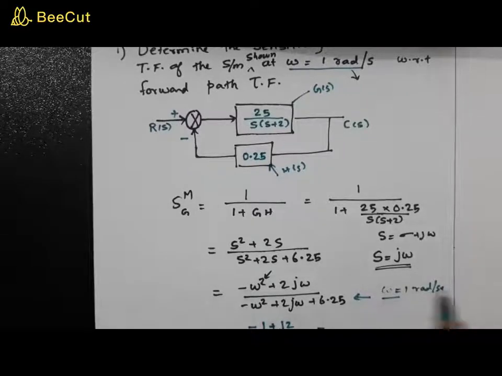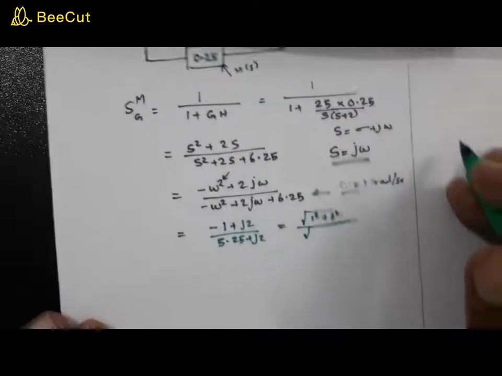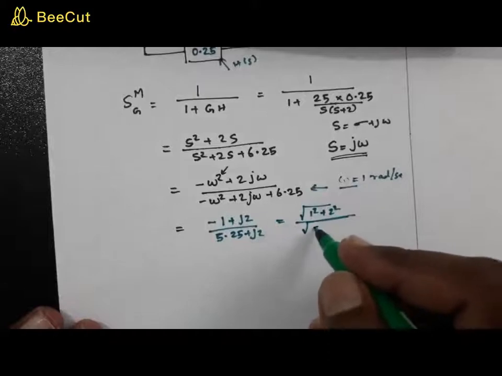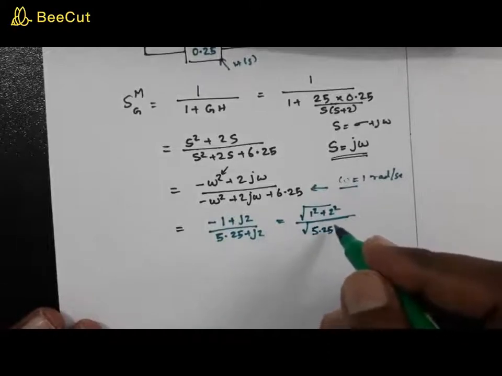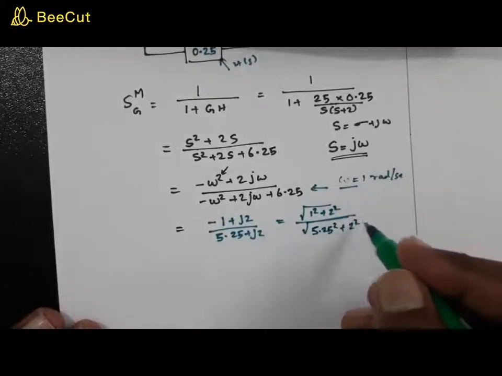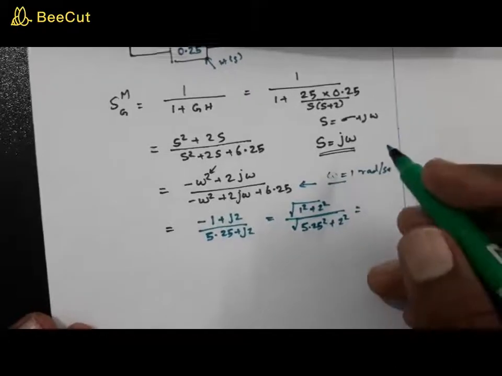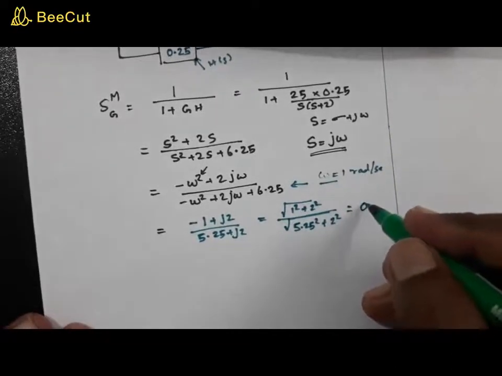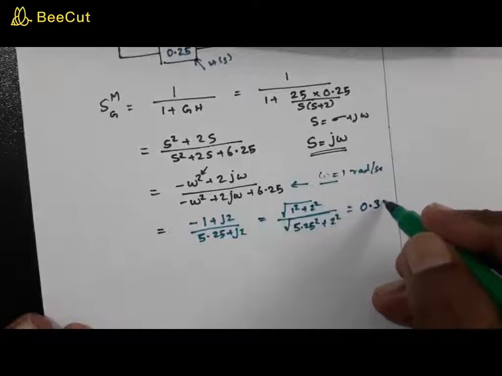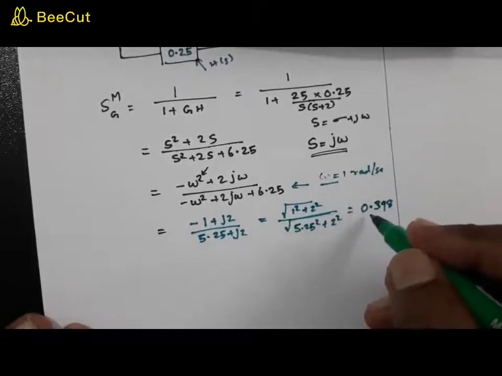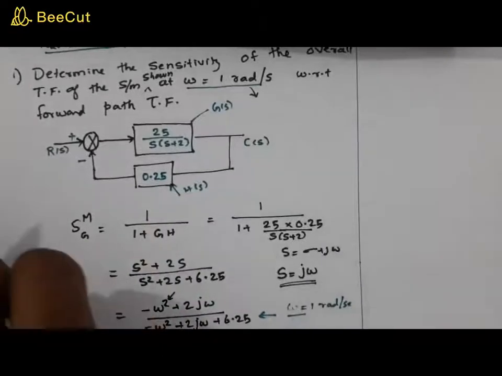So when you evaluate that, find out 1 square plus 2 square divided by the magnitude of the denominator, which will be 5.25 square plus 2 square. Now you may just do it and you will get this as 0.398. Okay, so this is the sensitivity of the system. Okay, is it clear?